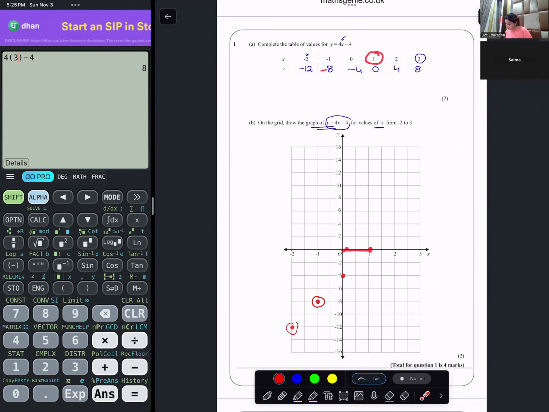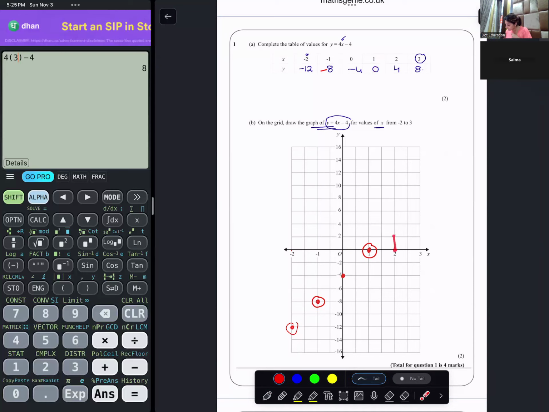So my fourth point would be here. Y is 0 means the point would be on the x-axis.